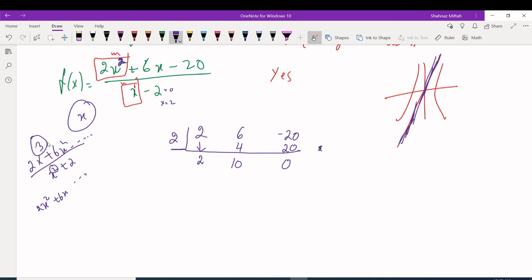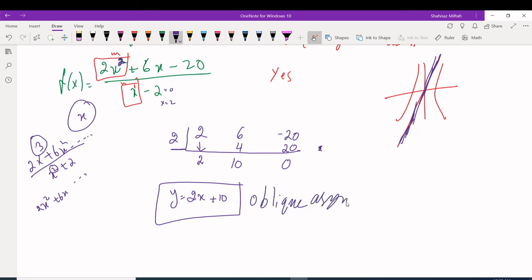So it goes 1 down. Since this is x squared, I'm going to go 1 down. It's going to give me 2 as a coefficient, and x, I went down, and plus 10. So y equals 2x plus 10 is the equation for the oblique asymptote of this function. And that's how you find an oblique asymptote.